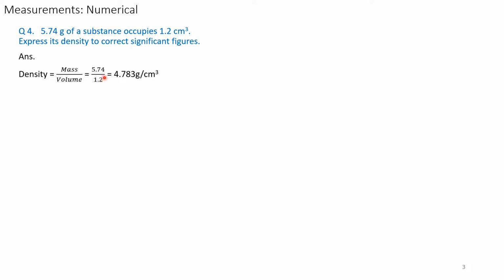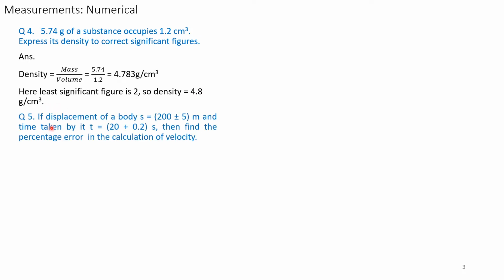Therefore, substituting for mass and volume, we get 5.74 divided by 1.2 is equal to 4.783 grams per centimeter cube. Therefore, here the least number of significant figures is 2. That is the volume. So, density is equal to 4.8 grams per centimeter cube.